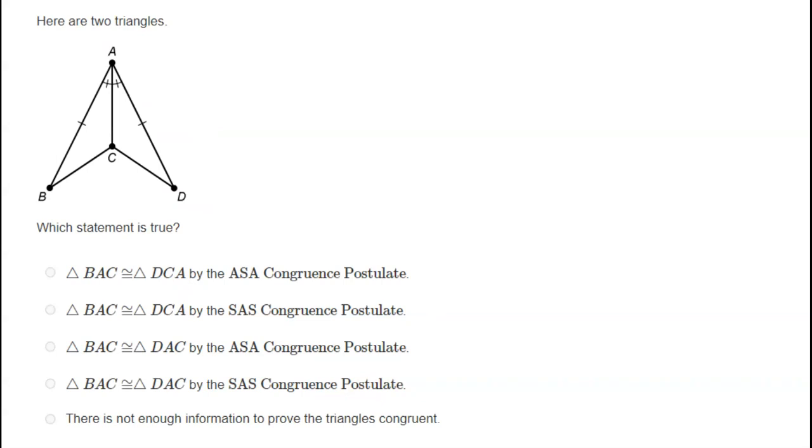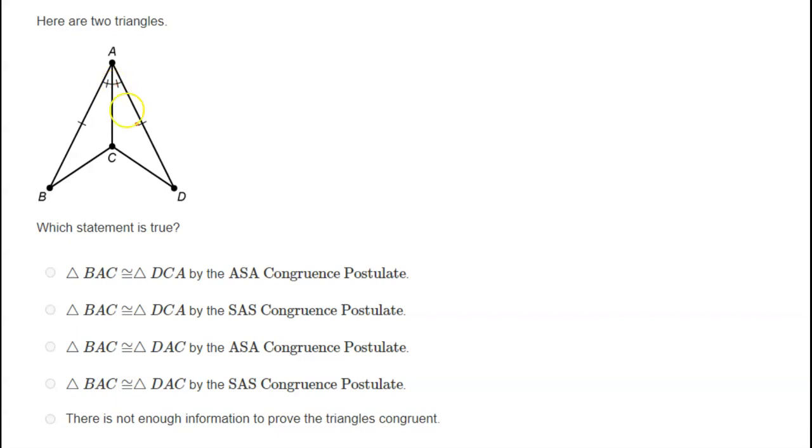Here are two triangles. Which statement is true? Triangle BAC is congruent to DCA by the angle side angle congruence postulate. Okay, well, let's look at that one. Angle side angle. First of all, I do not see two congruent angles in either of these triangles.